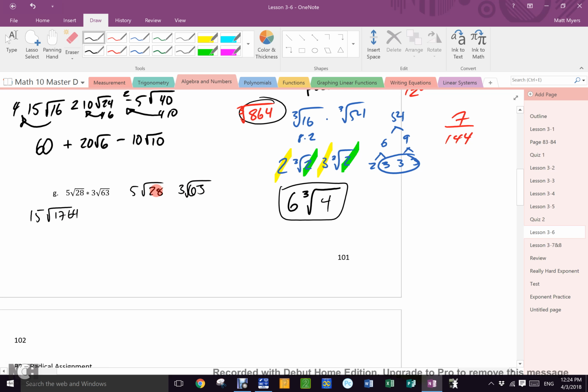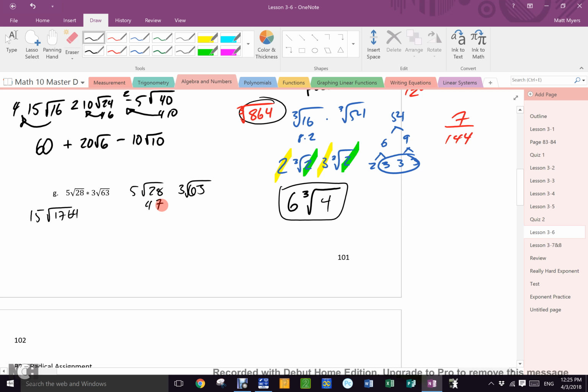What does 28 break down into? No, I don't need a group of 5. That's not an index. That's a coefficient. What does 28 break down into? You could use 14 and 2. I would use 4 and 7.